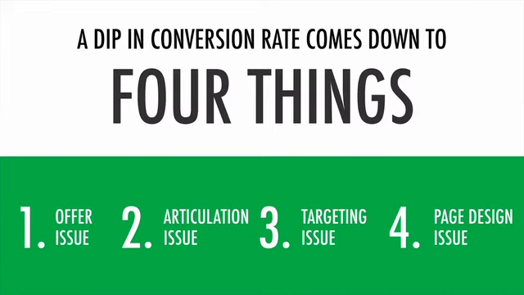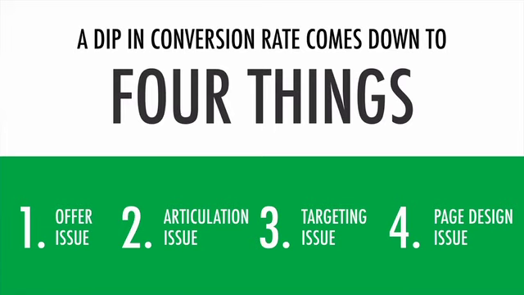But to break these down a little bit more, your offer issue would really come with, is your offer desirable, right? Is this something that people want, right? And if you've made it this far in the course, you've dealt with those questions already and are hopefully promoting something that people do in fact want. But we always know that just because people want something doesn't mean they're ready to buy it, right? So that's where articulation comes in next, right?